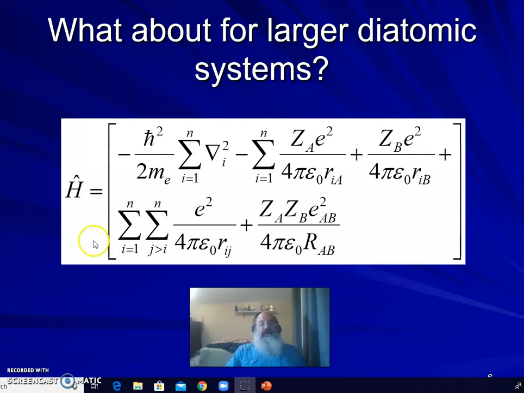And then we're going to end up with n times n minus 1 over 2 electron-electron repulsion terms, and then we're still going to have the 1 nuclear repulsion term, since we're still just talking about a diatomic molecule. But that nuclear repulsion term is going to have these z's in here, because they are multiplied by the charge on the nucleus, and that's where these z's in these attraction terms come from as well.